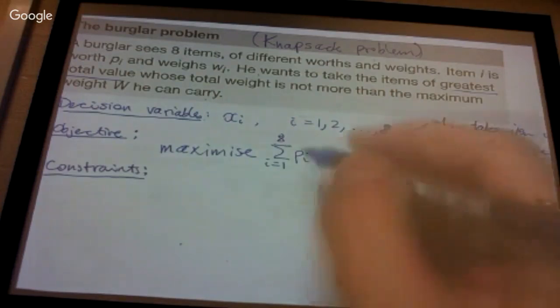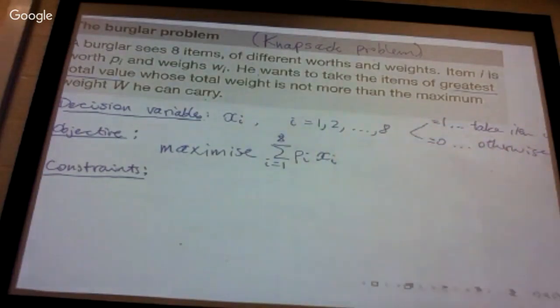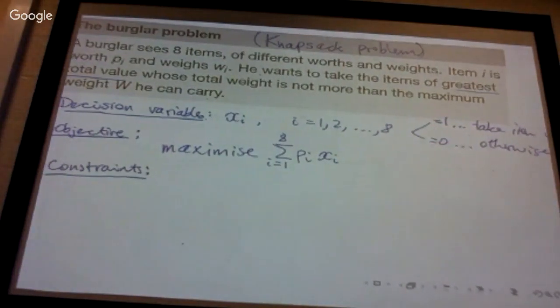Yeah, that's better. The thing you don't take, their value is times by 0, so it doesn't count. The things you do take, their value is times by 1, so they count. Simple.